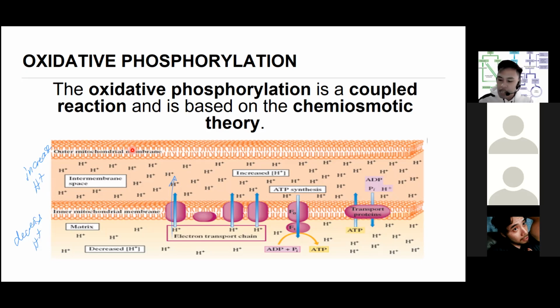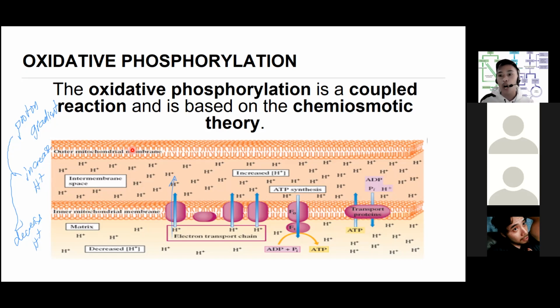So this difference in concentration creates what we call a proton gradient. When we say proton gradient, you have a membrane, and one side of the membrane has a high concentration of hydrogen. The other side contains a low concentration of hydrogen.